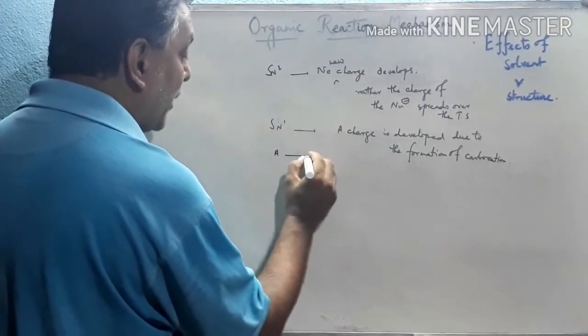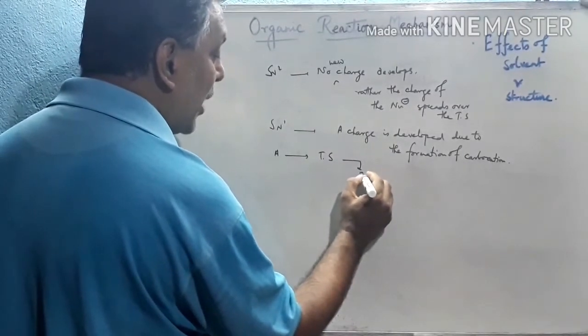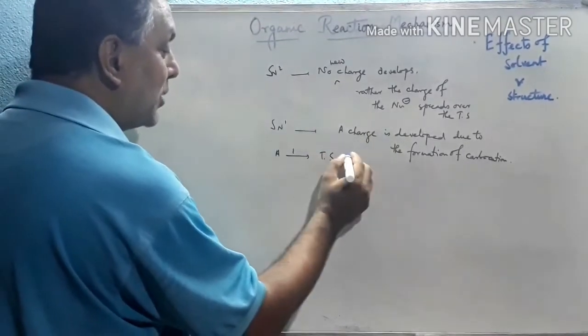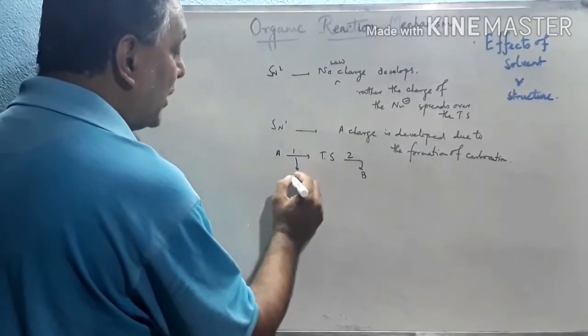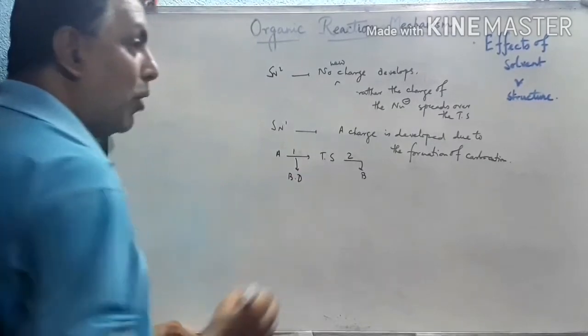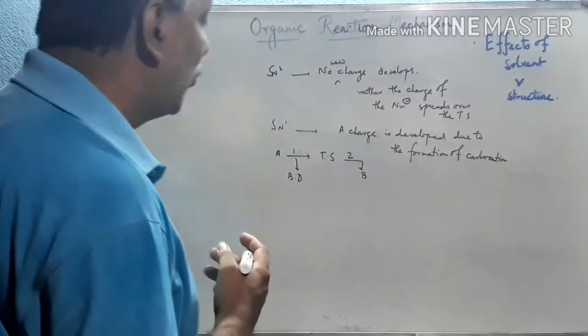So this is a two step process, we know that. Suppose A forms the transition state at first and then goes to the product B. This is the first step, this is the second step. The first step is related with the bond dissociation. So the old bond first gets dissociated and then forms a new bond with the nucleophile.